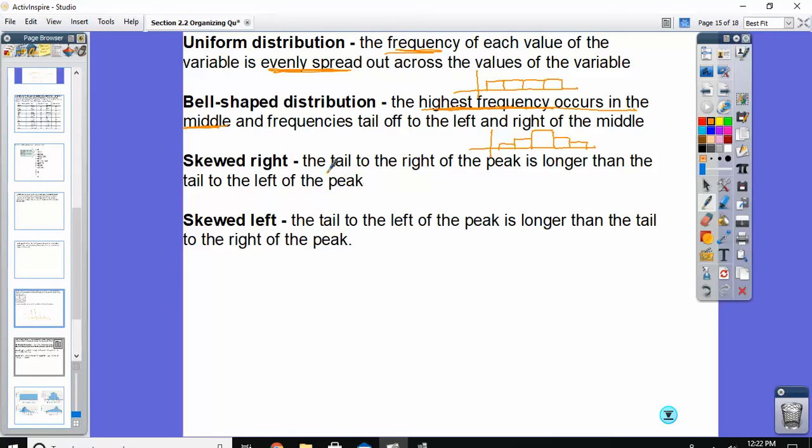Skewed right, all you really need to write is the tail to the right is longer. So I have some data, and I have my peak.